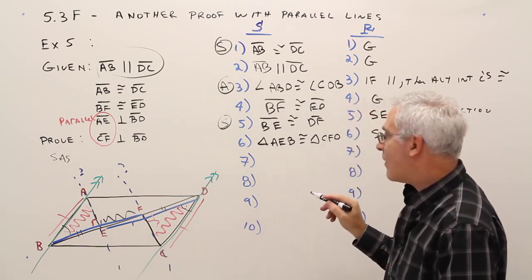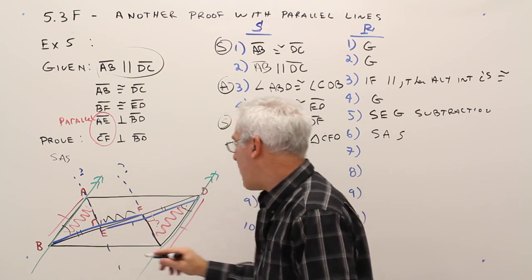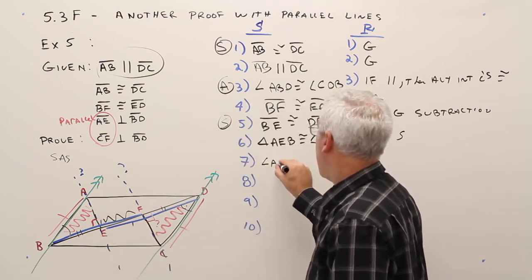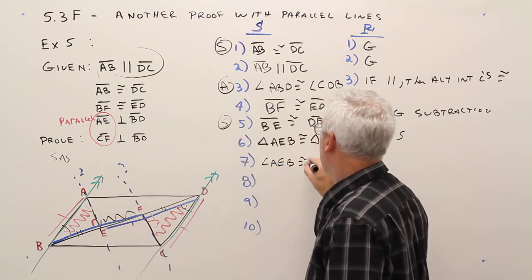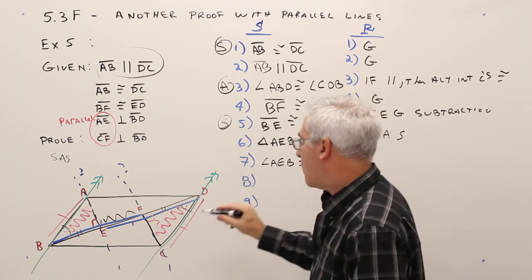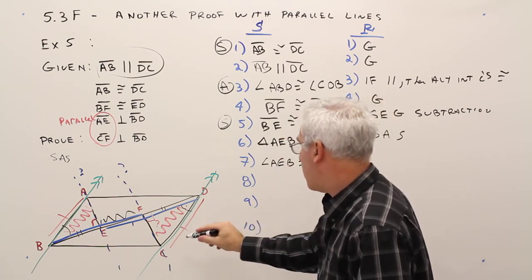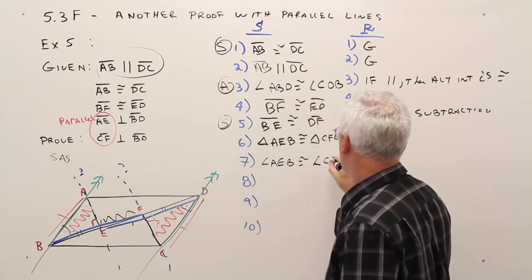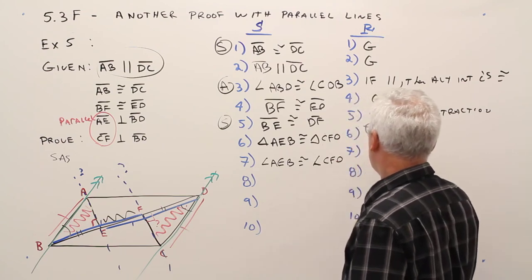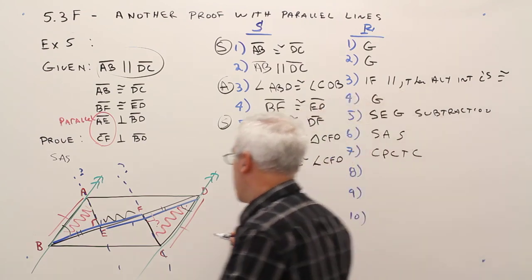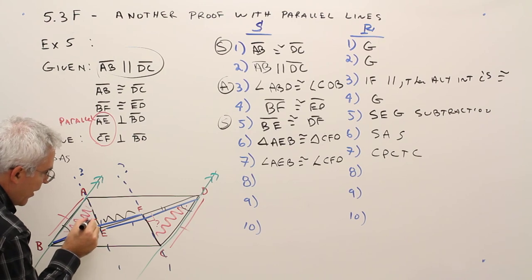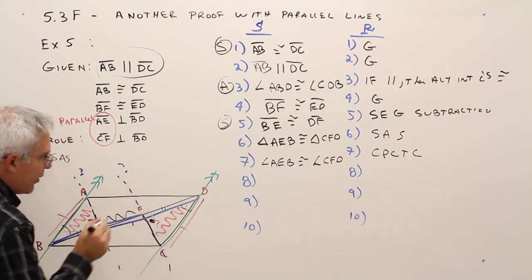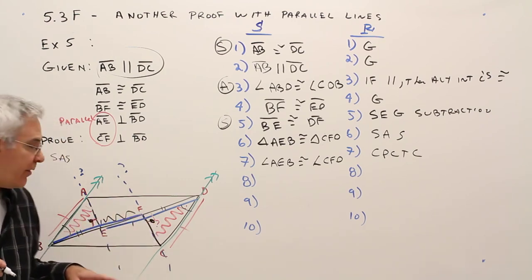Now I can get the angles. I can get angle AEB to be congruent to angle CFD by CPCTC. So now I've got this angle here congruent to that angle there.